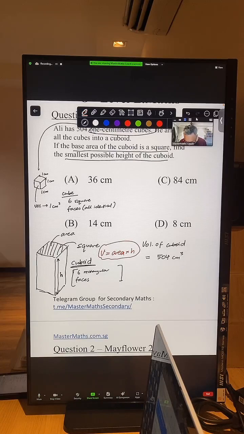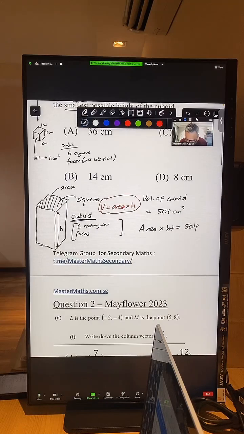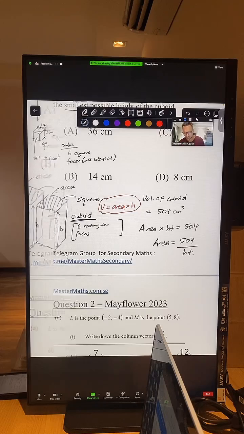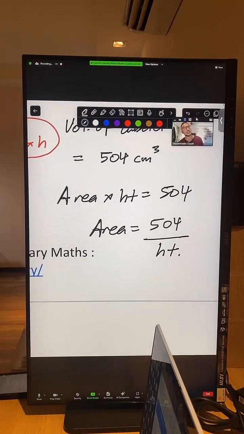So area times height equals 504. So if I were to do this, the area of the square base is actually 504 divided by the height.